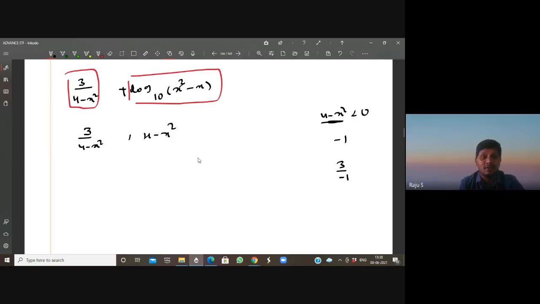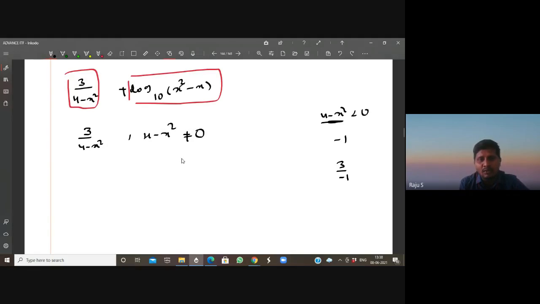First, this must be non-zero, because here we don't have any square root. Greater than 0 is needed whenever we have a square root. But we don't have any square root, it just must not be equal to 0. If it is equal to 0, 3 by 0 is undefined.